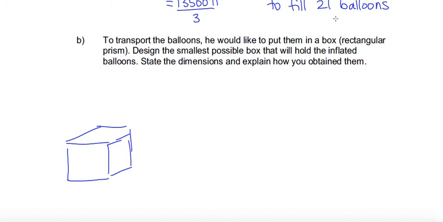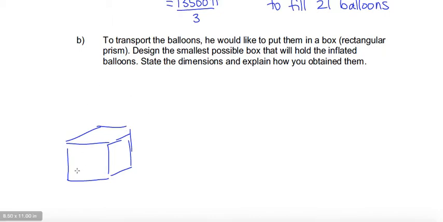So we have 21 balloons. So we need to think about how we can space out 21 balloons. Remember, this is a three-dimensional box, so we can spread out our balloons and we can stack them up if we want to as well.